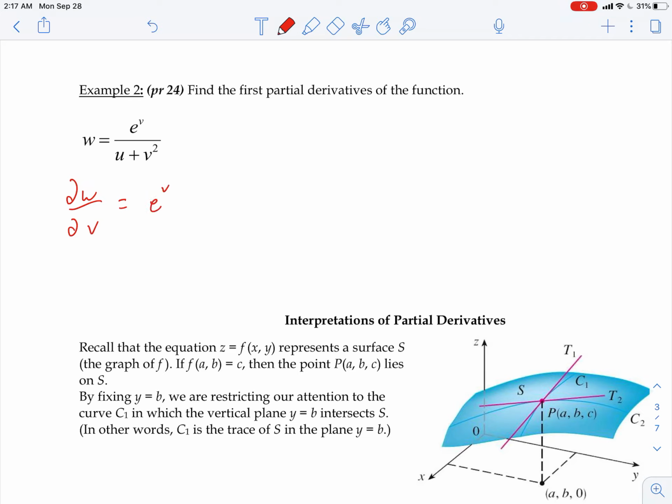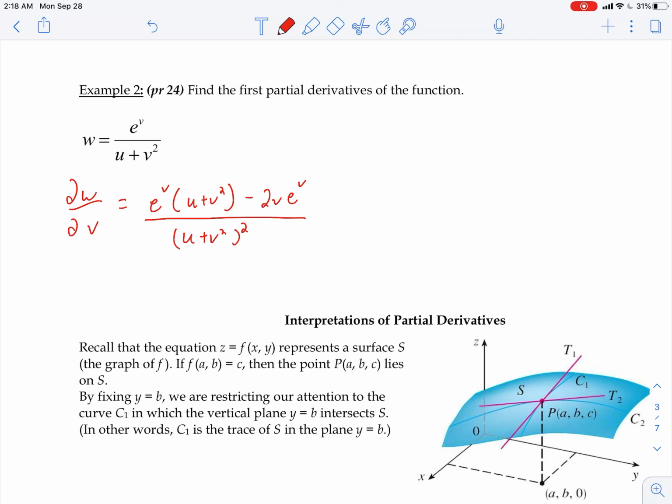So I have e to the v. The derivative of e to the v is just e to the v times the bottom, u plus v squared, minus, by the quotient rule, the derivative of the bottom, which is 2v, times e to the v, the first, all over u plus v squared.